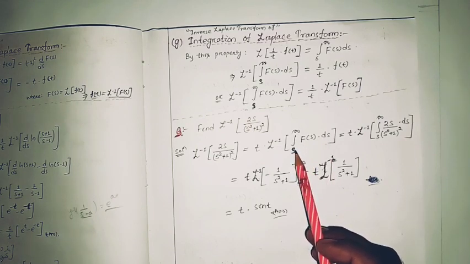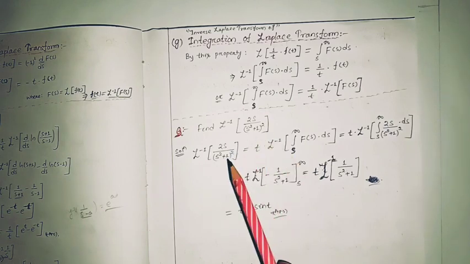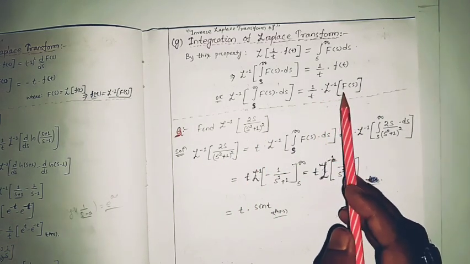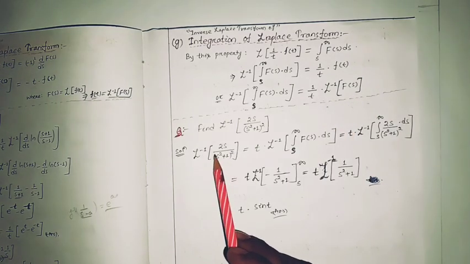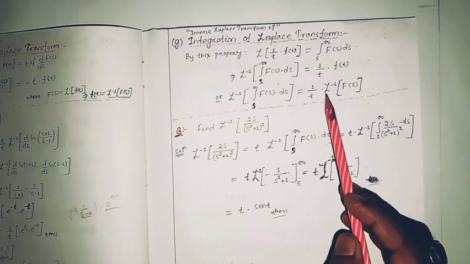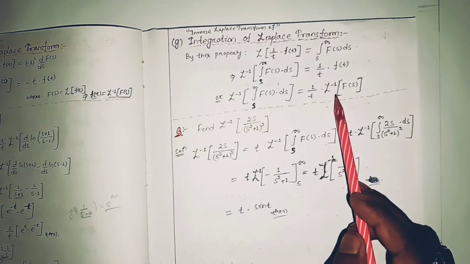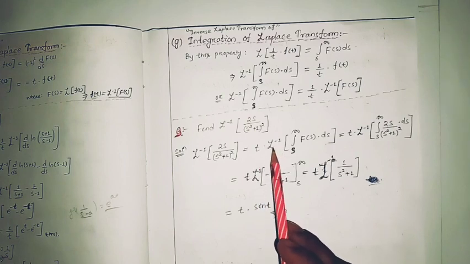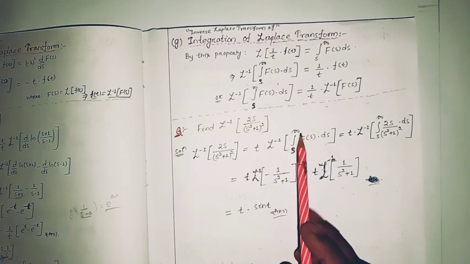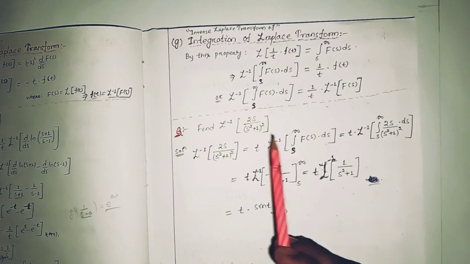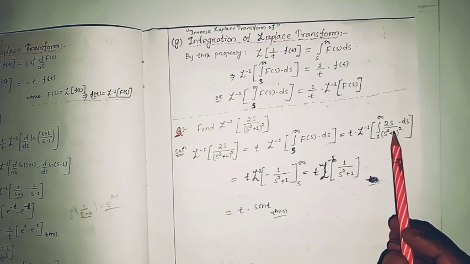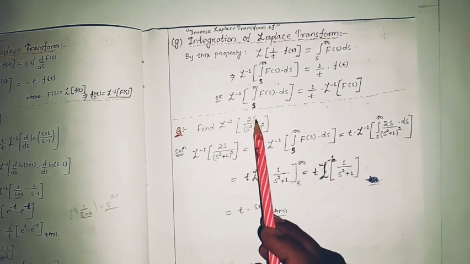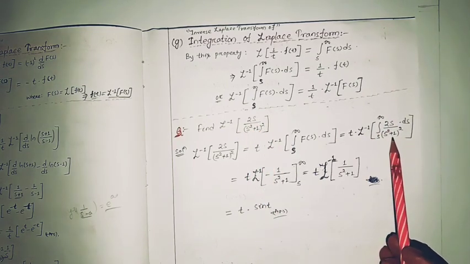See, compare this with this. Here the inverse Laplace transform of capital F of s will be equal to t into this much. Same thing it has written, t into the inverse Laplace transform of the integral from s to infinity of f of s ds. Here f of s is nothing but this one.